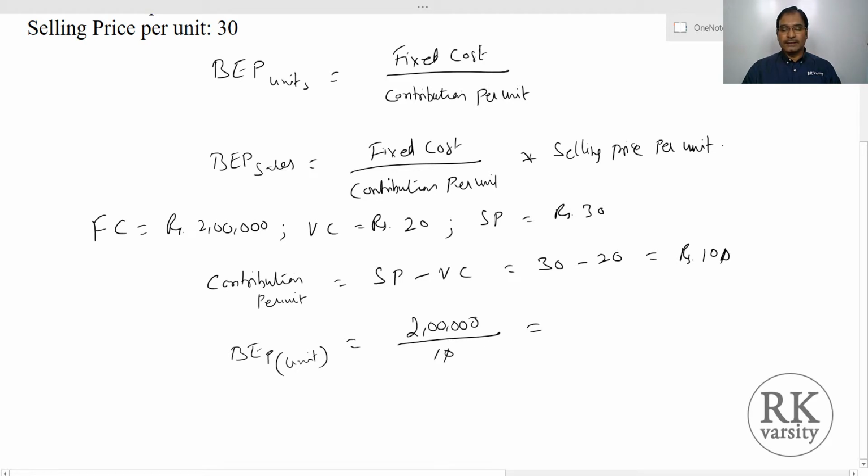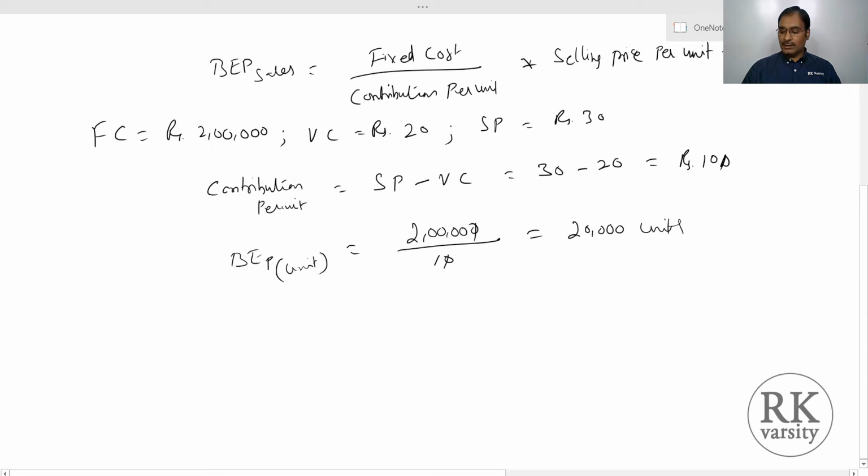Then your break-even point is 20,000 units. In the sense, if a company manufactures and sells 20,000 units, then its EBIT, which is also called operating profit, equals 0.